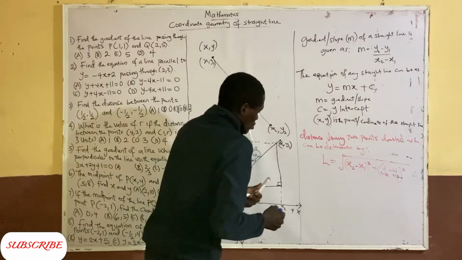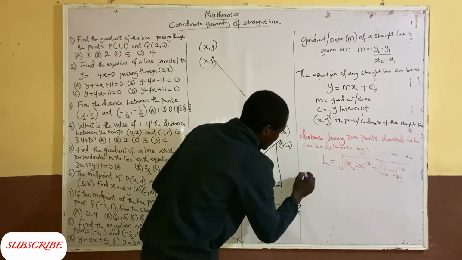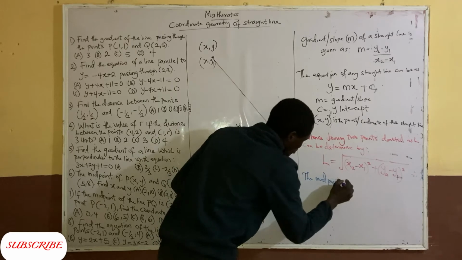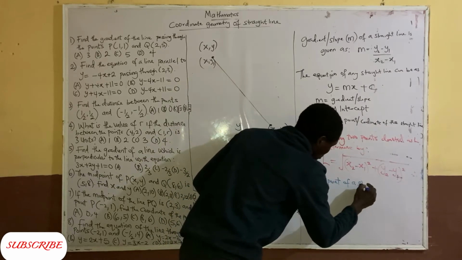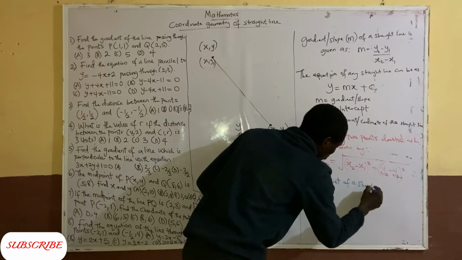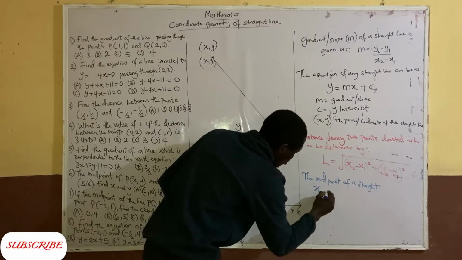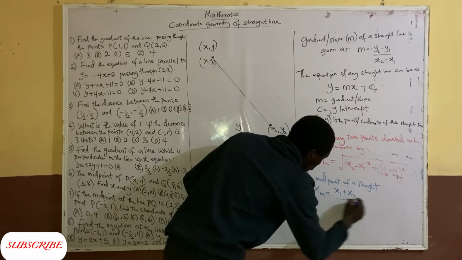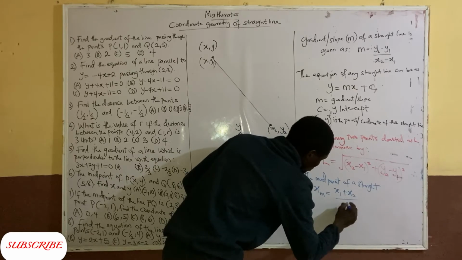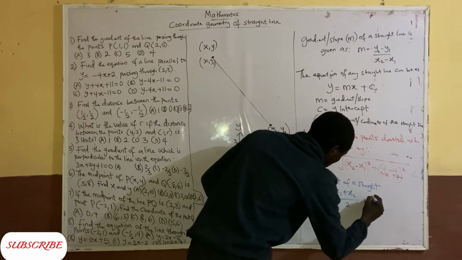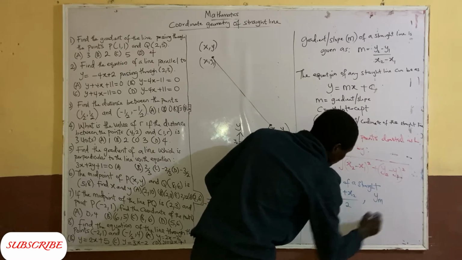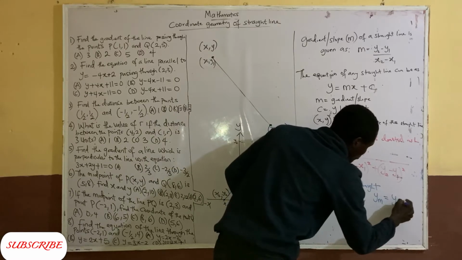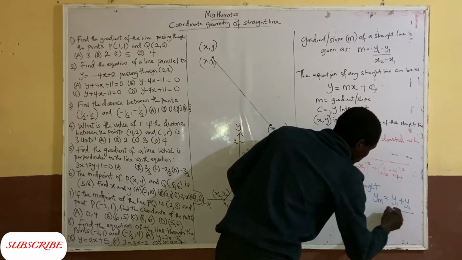So to obtain the midpoint of the straight line, use xm equals x1 plus x2 over 2. For the y-axis, use ym equals y1 plus y2 divided by 2.